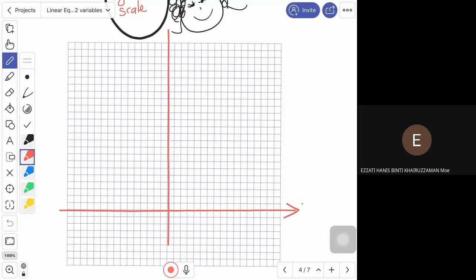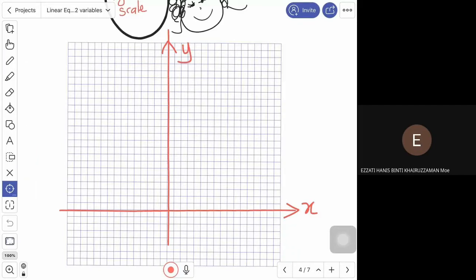The vertical line is called the y-axis. We start the 0 from this intersection of the x-axis and the y-axis. So here is 0.